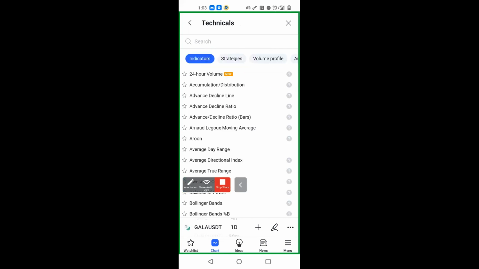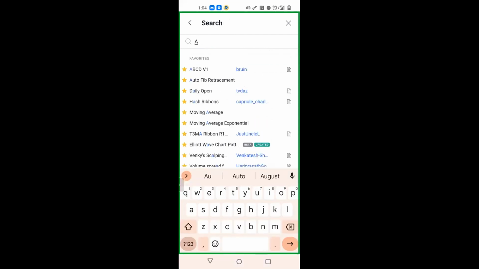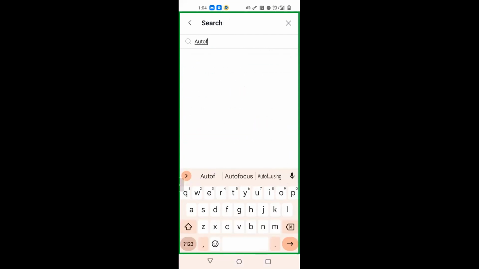Then when you tap on technicals, we have indicators, strategies, volume profile. We have auto and candlestick patterns. So we shall tap on auto, right? And when we tap on auto, we shall write the name auto fib retracement. So there will be 2.